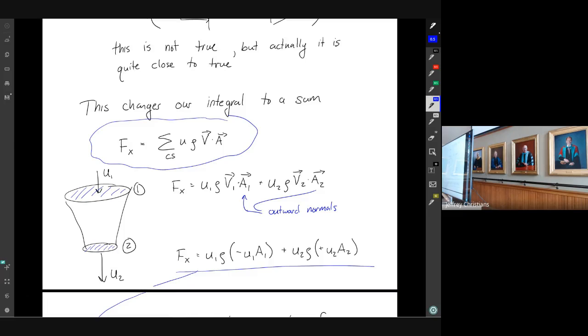So corn's coming in, you're stopping it, that creates a force. And then there's a second force that's the weight of the corn. So you really need to care about what is the force required to stop the corn. And if that's 50 newtons, then your scale's going to read 50 newtons.